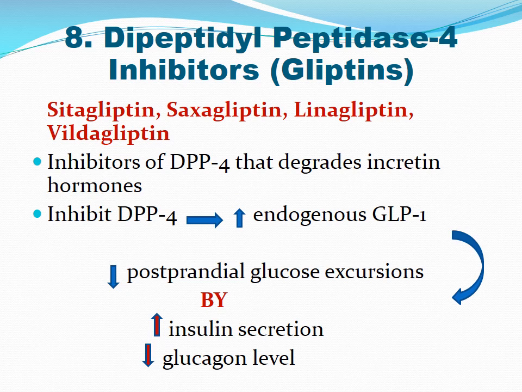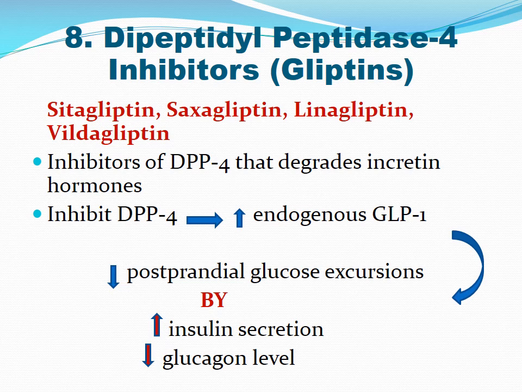The second group is dipeptidyl peptidase 4 inhibitors, also known as gliptins: sitagliptin, saxagliptin, linagliptin, and vildagliptin. These drugs act to inhibit the enzyme dipeptidyl peptidase 4, which metabolizes or degrades incretin hormones, which is glucagon-like peptide 1.